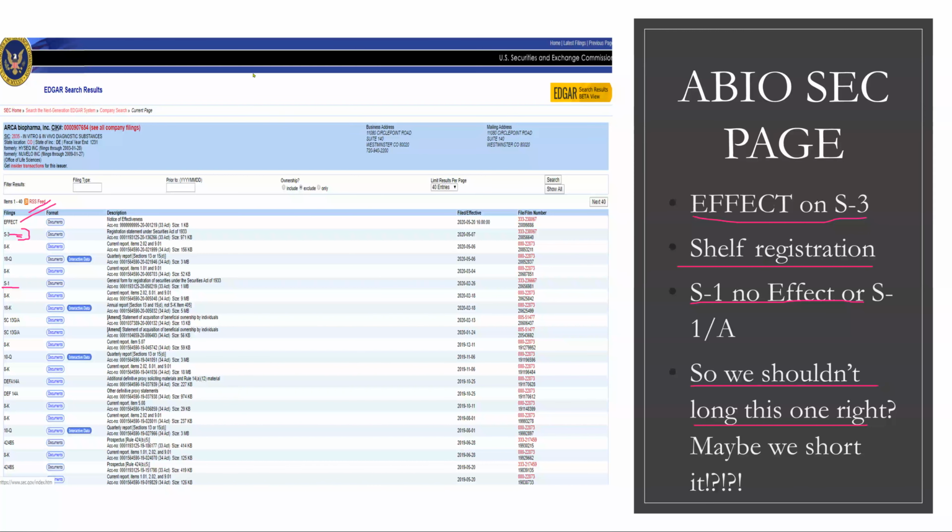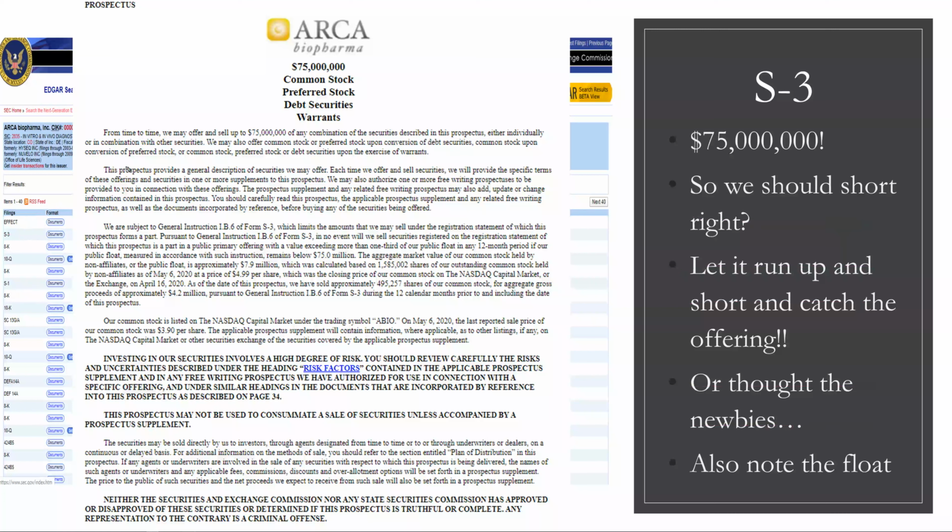An S3 is always a shelf, and they call it a shelf because it's just sitting on a shelf being ready to be used. You see how it says 75 million right here? It says from time to time we may offer and sell up to 75 million.